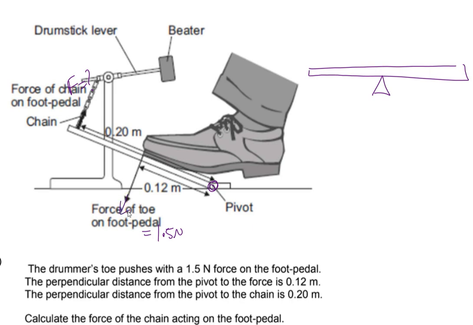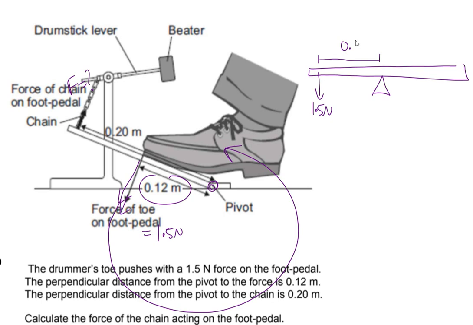If you allow this force to rotate fully, rotate all the way up, this is anti-clockwise, so therefore I'm going to put this force here. So this is 1.5 Newton. And how far is it? It is 0.12 meters from the pivot, okay?